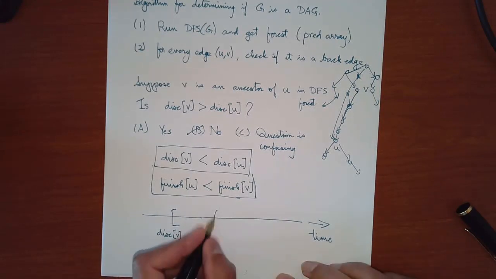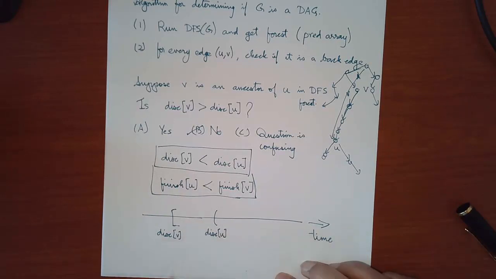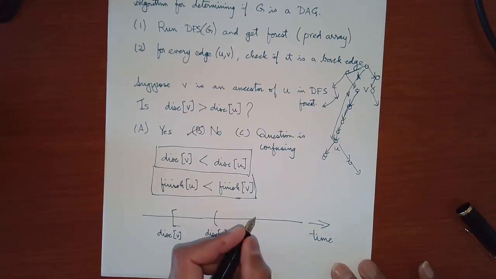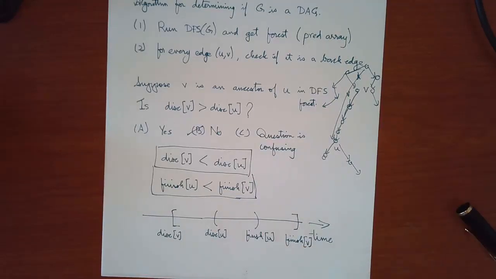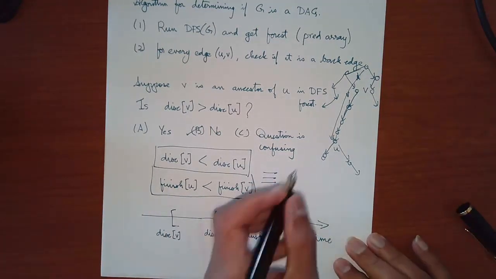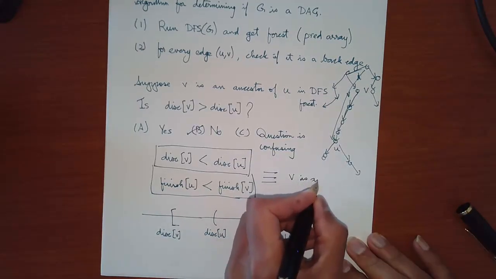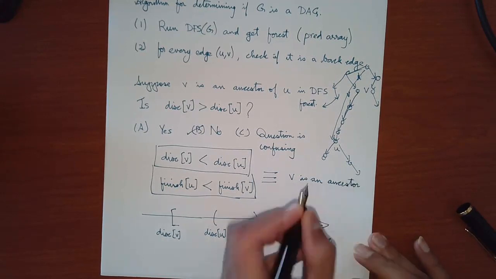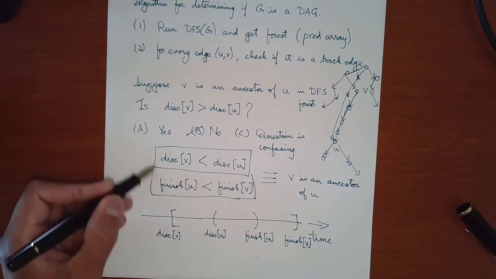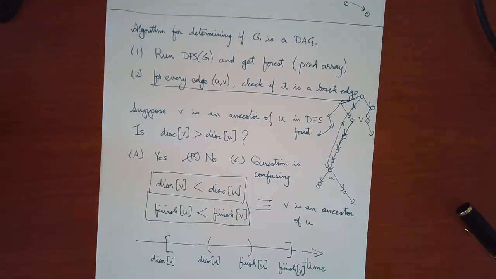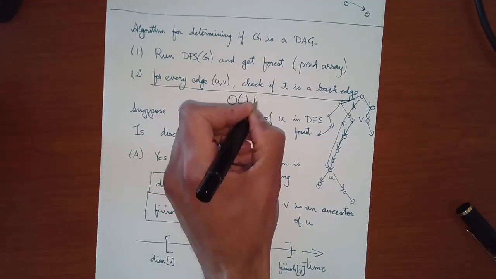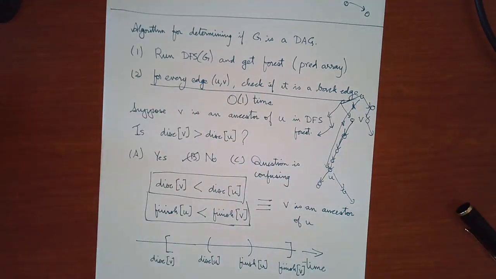Then at some point, you discover U. Then as time goes along, you finish U, and finally, you finish V. This is equivalent to V being an ancestor of U. So just by looking at the discovery and finish times, you can determine if V is an ancestor of U. And so this check over here, to check if something is a back edge, can be done in constant time.